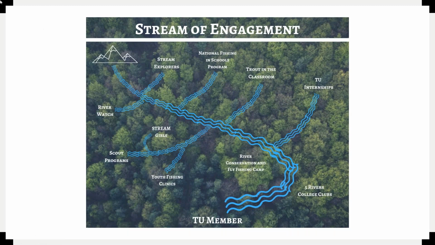Before we jump into it, I wanted to talk a little bit about Colorado Trout Unlimited and what we do. We are a grassroots arm of the national organization Trout Unlimited. Colorado TU is independently governed by a 44-member volunteer board, including the presidents of our 24 local chapters across Colorado.